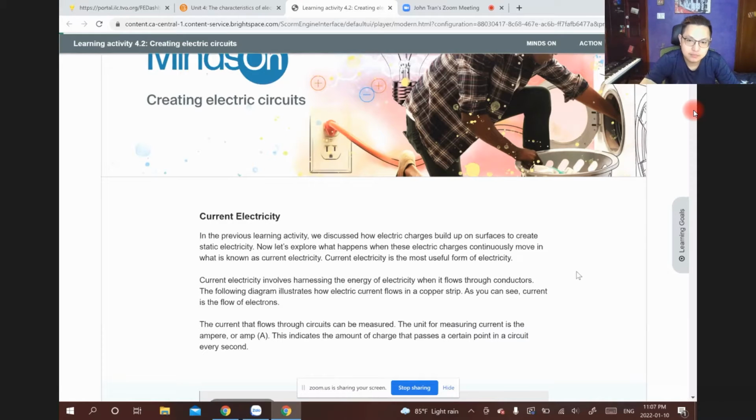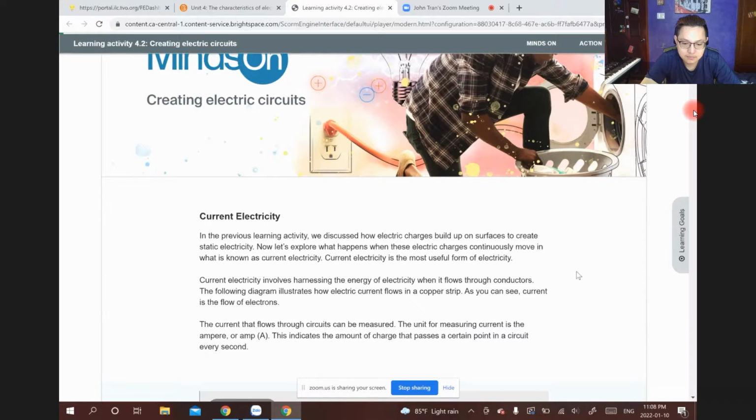Current electricity is the most useful form of electricity. Current electricity involves harnessing the energy of electricity when it flows through the conductor. The following diagram illustrates how electric current flows in a copper strip.